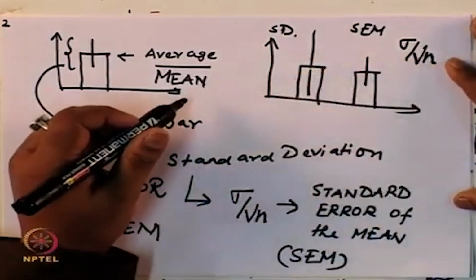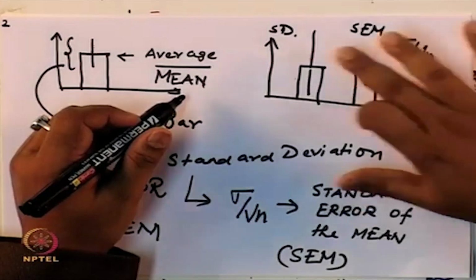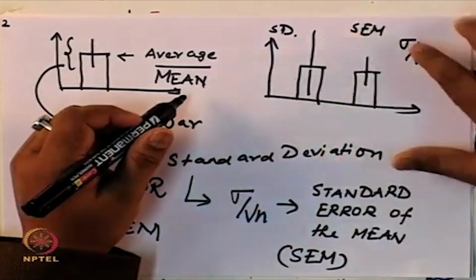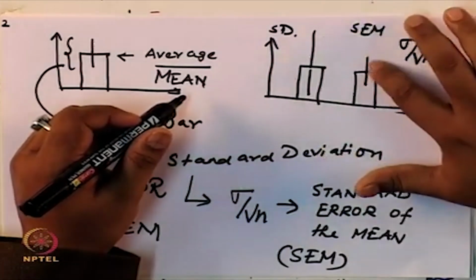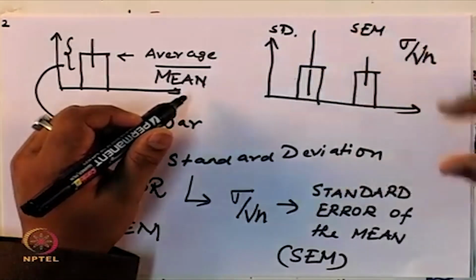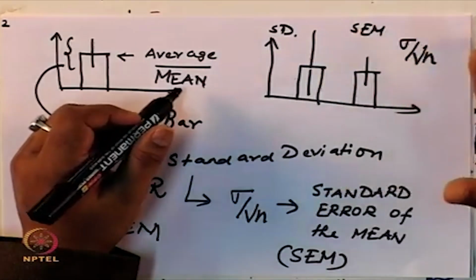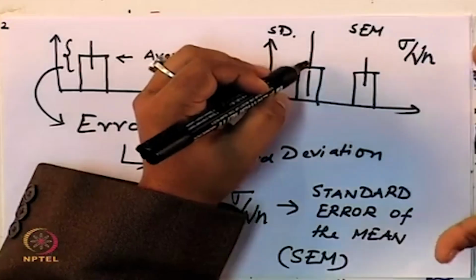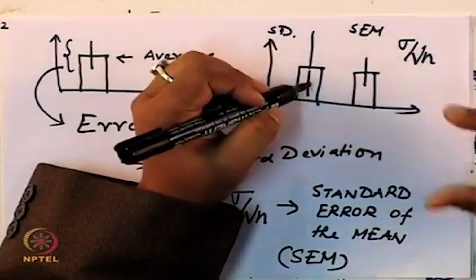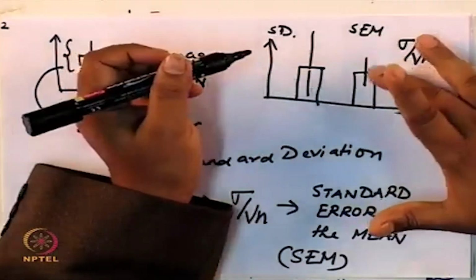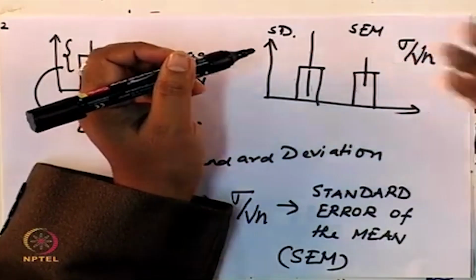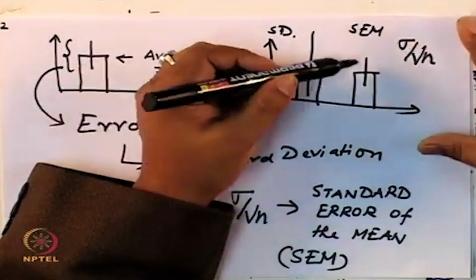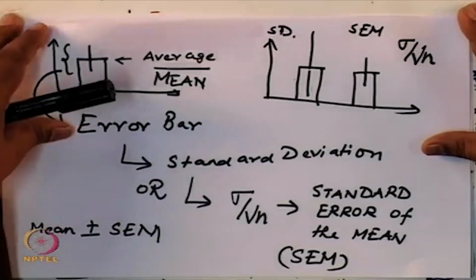Even if n is equal to 4, sigma by root 4 is half the size. So if n is reasonably large, the standard deviation is not so spread out, but the standard error of the mean is even smaller. So it is sometimes helpful to present your data as mean plus or minus SEM.